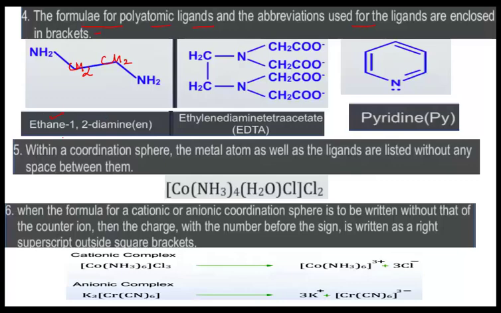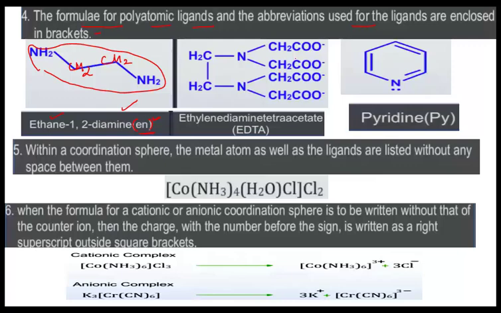So instead of writing this ethane 1, 2 diamine while writing the formula, we can write this instead. While naming, we will name it, but instead of writing CH2NH2CH2NH2, we will simply write en, and it has to be enclosed within parentheses. Clear?